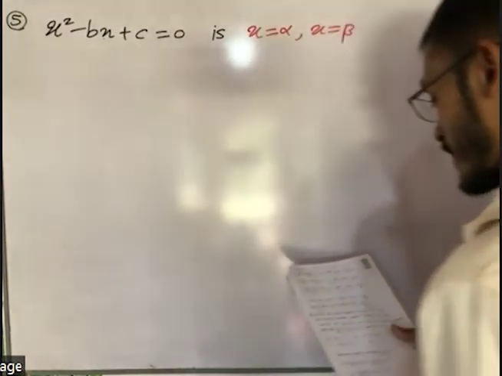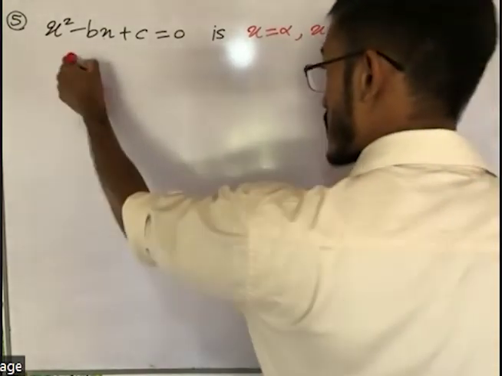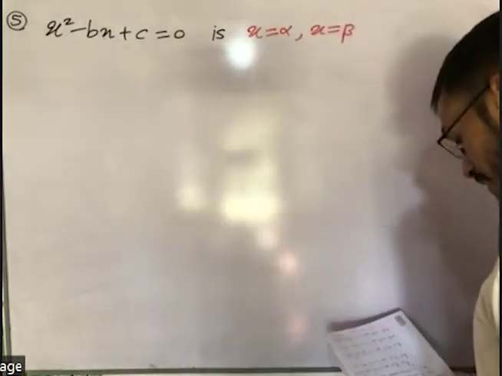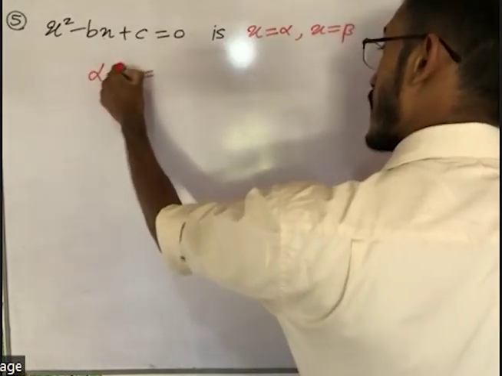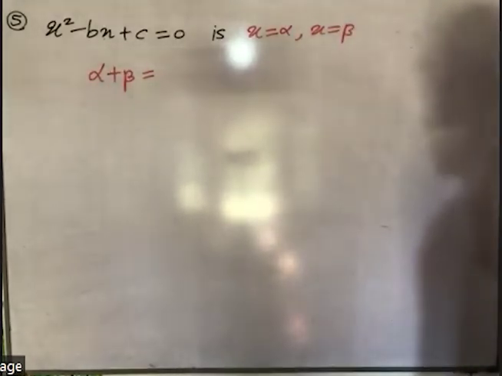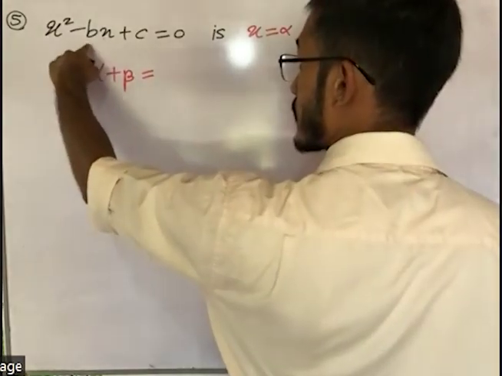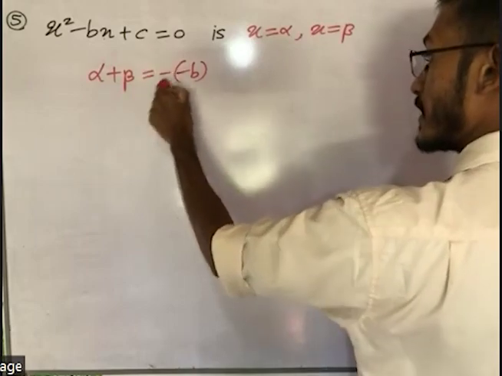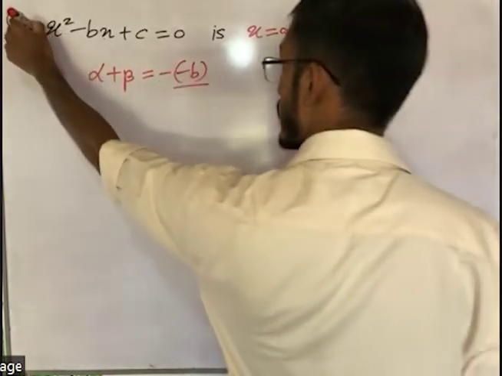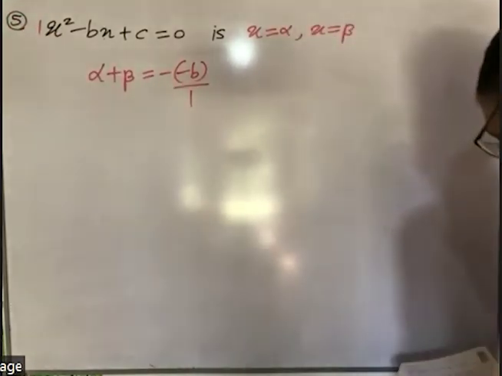Now, we can directly write down the sum of roots: alpha plus beta equal to the negative value of the x coefficient, so minus b is the coefficient of x, negative value of that, divided by the coefficient of x square term, plus 1.